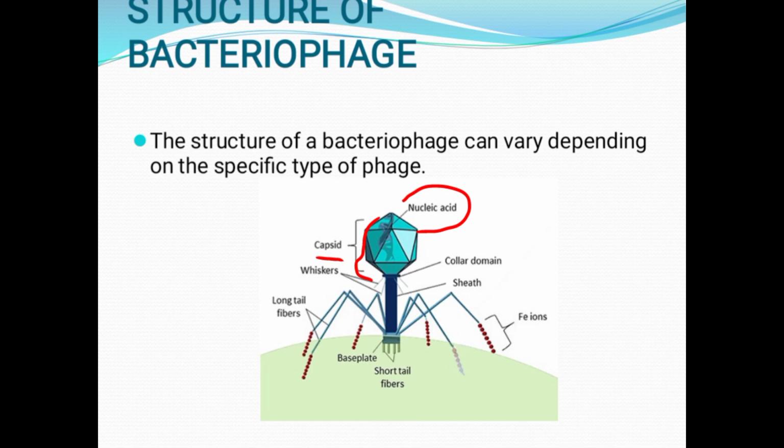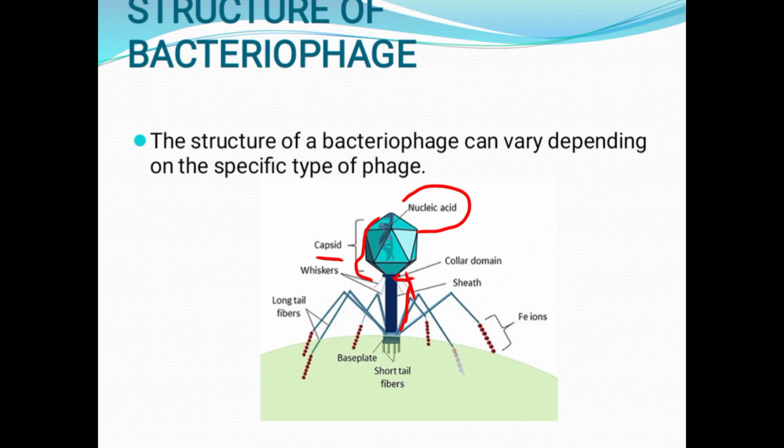Then we also have what is called the tail. The tail, as you can see from the diagram, is the tubular part which is blue, which runs from the bottom of the capsid up to the lower part.